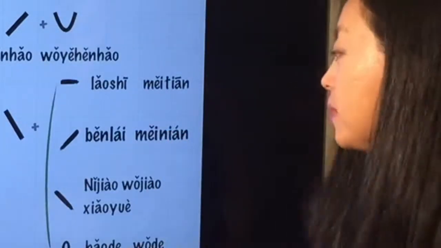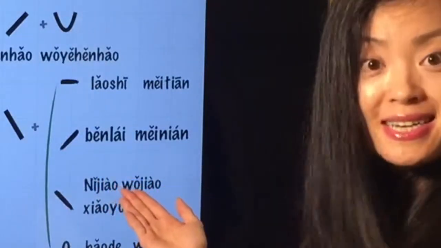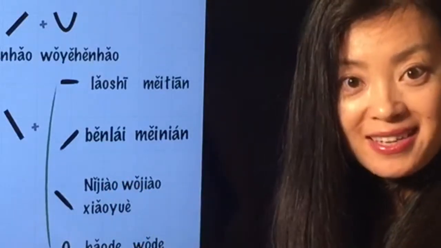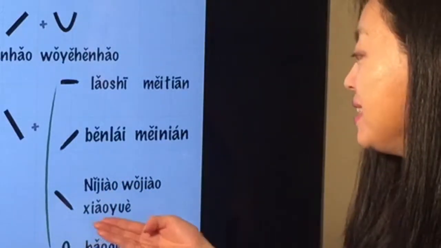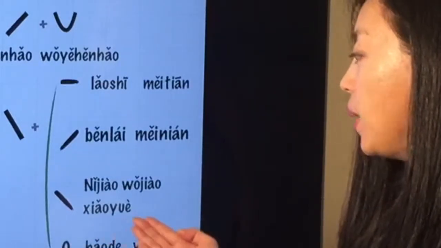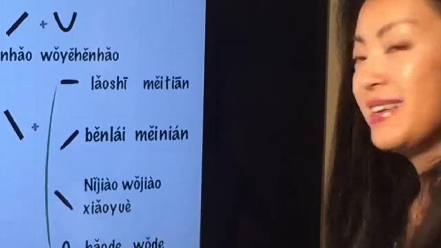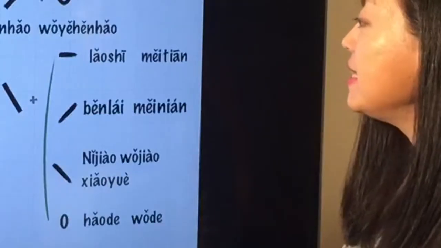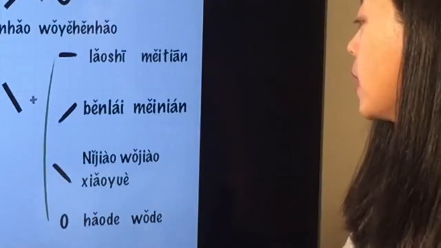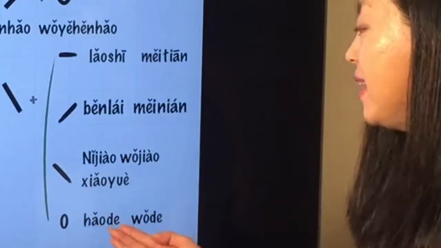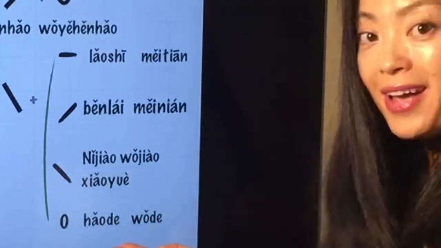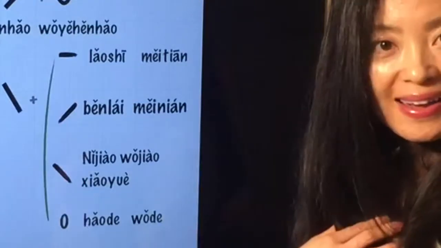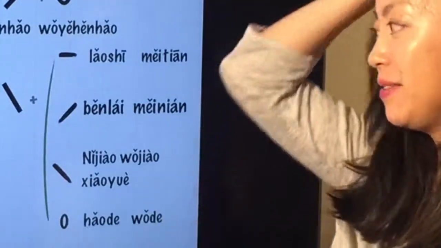What is your name? 你叫什么名字？你叫什么名字？ Right? Okay, now let's see this one. 小月，小月。That girl 叫小月 right? 好。Now let's see third tone plus neutral tone. 好的，好的。好的 means okay, good. 我的，我的 mine. 我的 means mine.